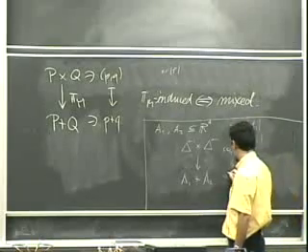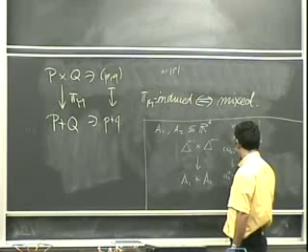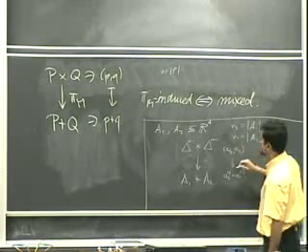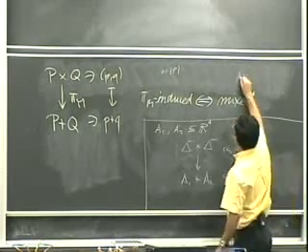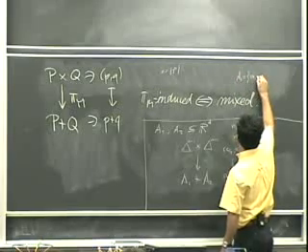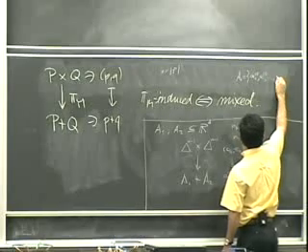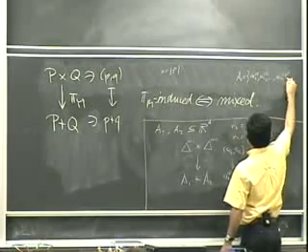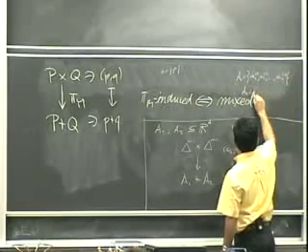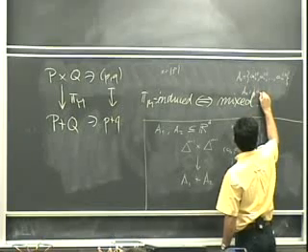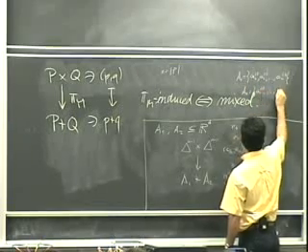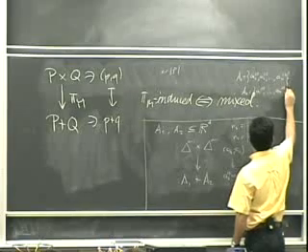Let me write it this way. So A1 will consist of points a_{1,1} up to a_{n,1}, and A2 will consist of a_{1,2} up to a_{m,2}.